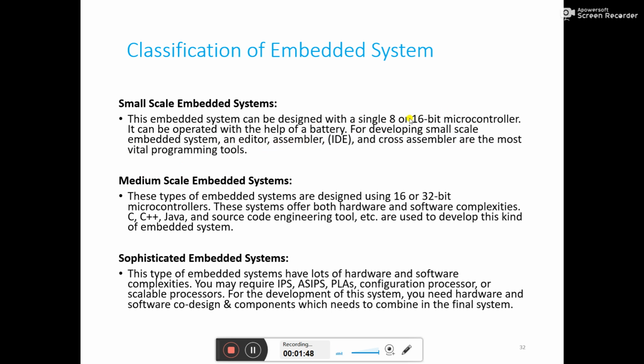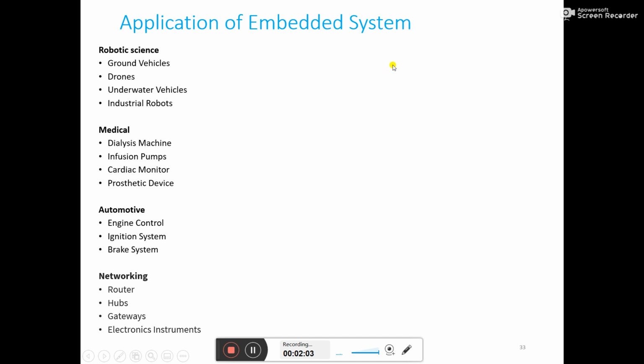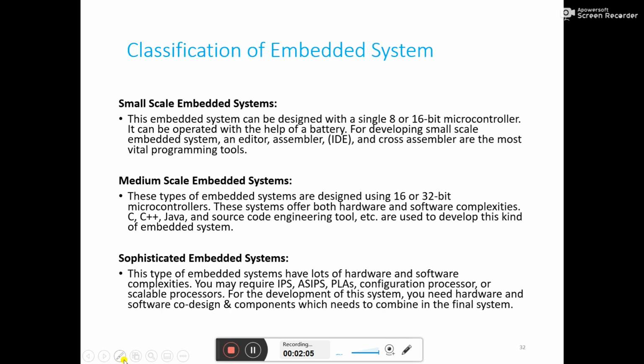For example, we have many microcontrollers, and among 8-bit or 16-bit microcontrollers we have the AVR microcontroller, which is very popular. In your course there is the 8051 microcontroller, which is an 8-bit microcontroller.